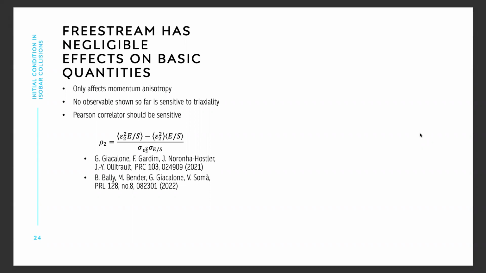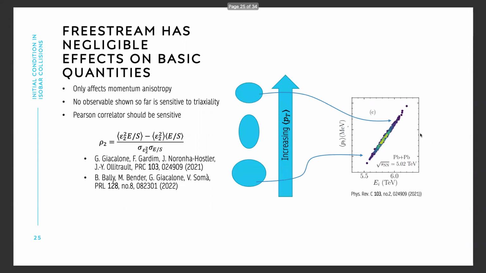The solution to how to see the effects of this is already known, and I think it was already explained here, so I'll just very briefly say it: if we have these triaxial nuclei, in a zero impact parameter collision there are at least 3 possible configurations.